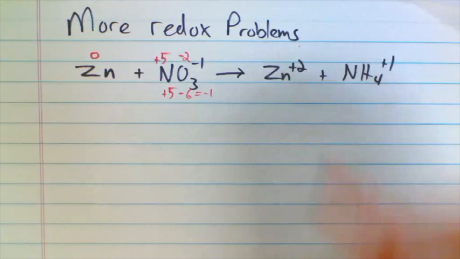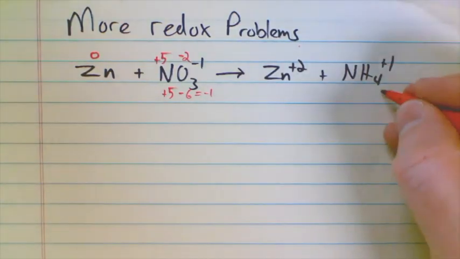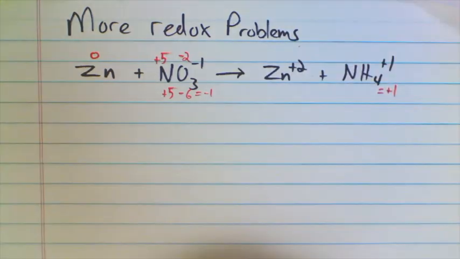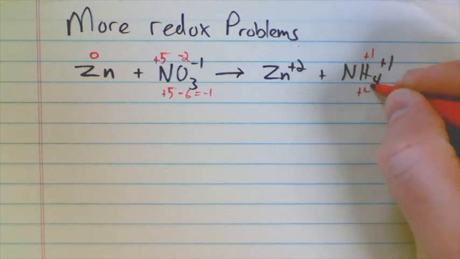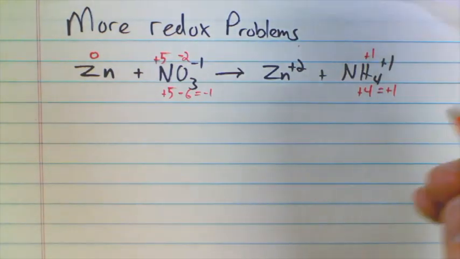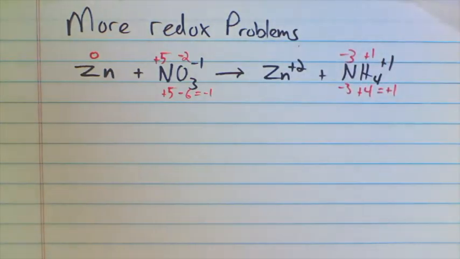And then zinc, it's already told us it's +2. And then we just got to do it here for the ammonium. So hydrogen's got to be a +1. Its grand total is +4. So what's nitrogen then? -3. Okay, so we got our oxidation numbers assigned.